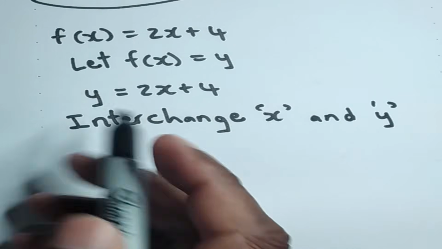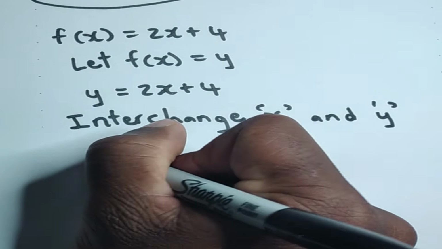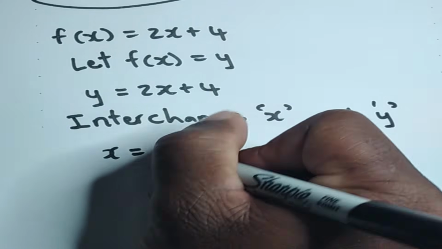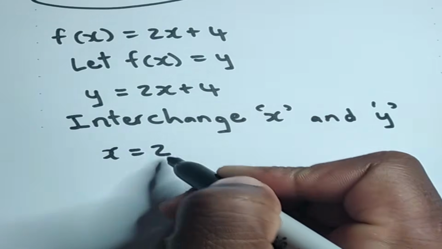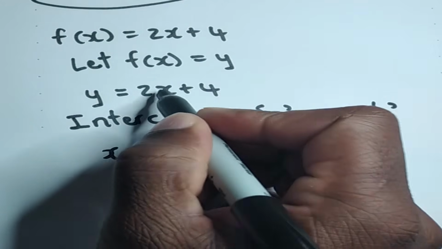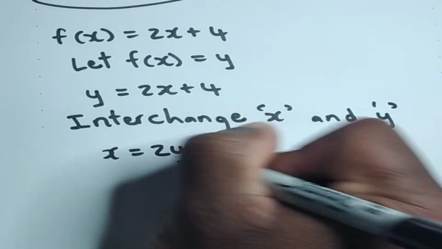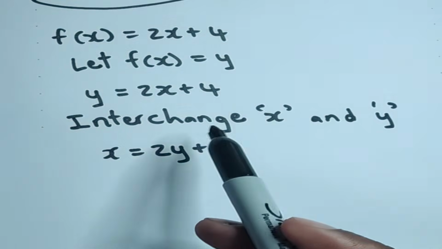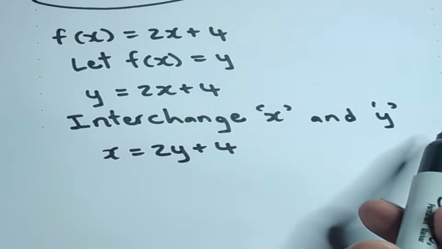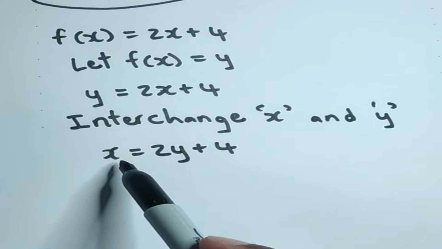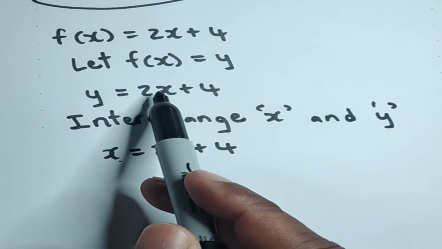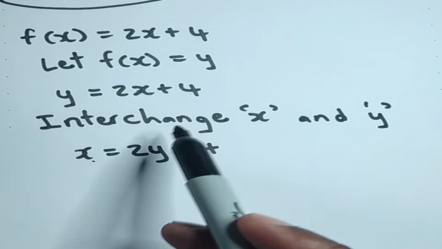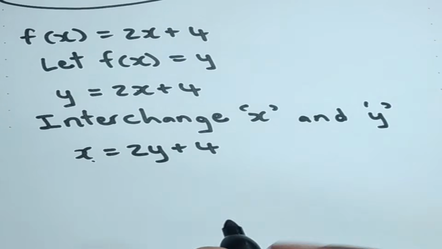So here we have a y, we replace it with x, is equal to 2, have the 2 there, and here we have the x, we replace the x with y, plus 4. So again, we interchange x and y. That's what we did right there.